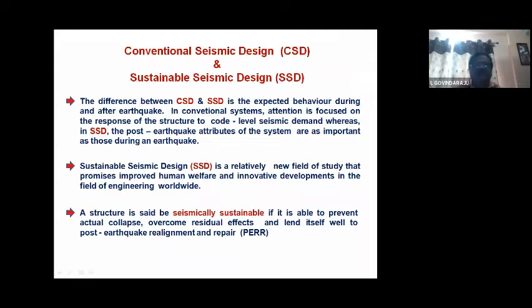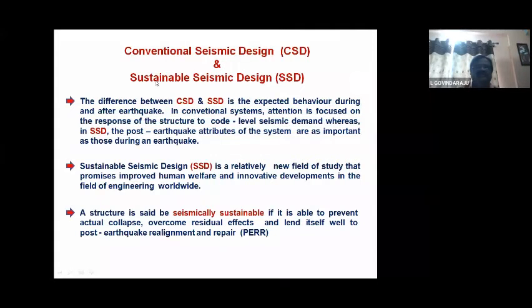In fact, what all of us follow, I use the term civil engineer in general, without specifying structural engineer, water engineer, geotechnical engineer, or seismologist. In general, the civil engineer is more involved in the conventional seismic design.